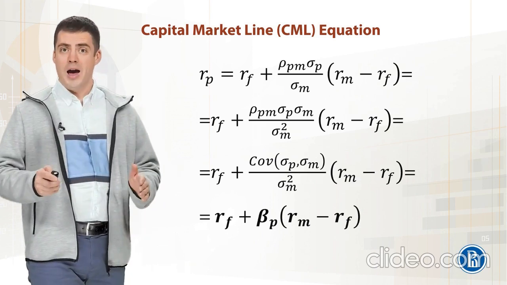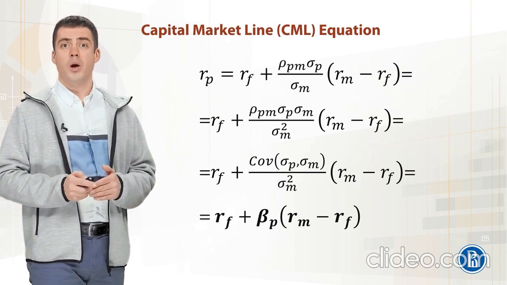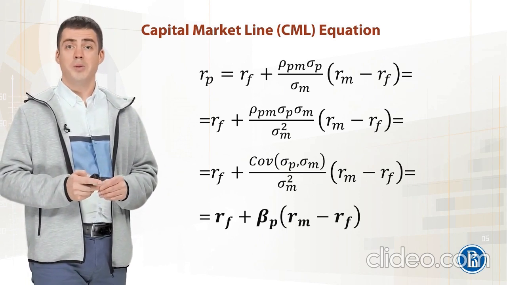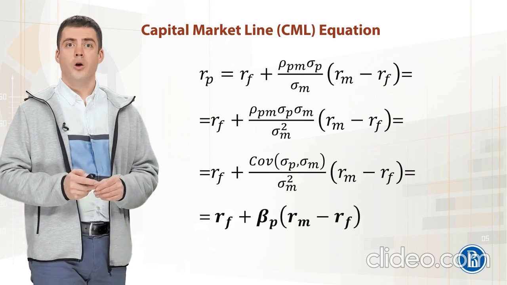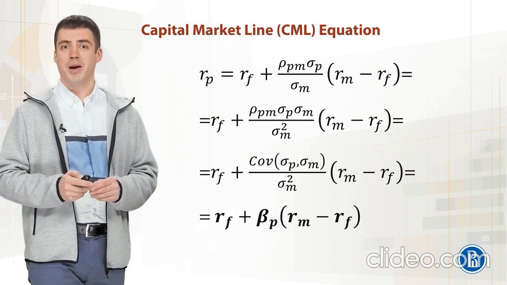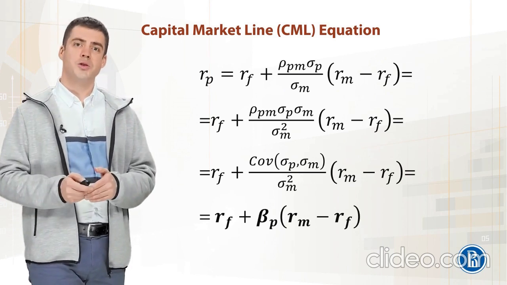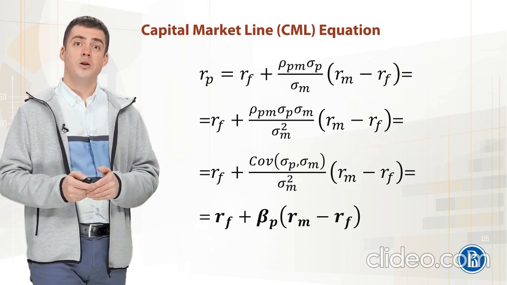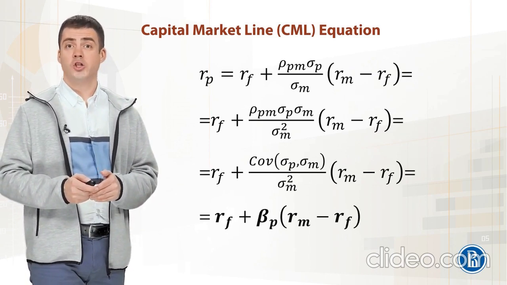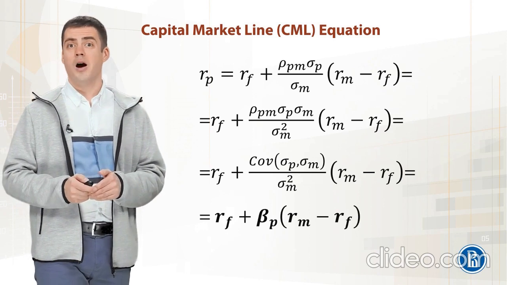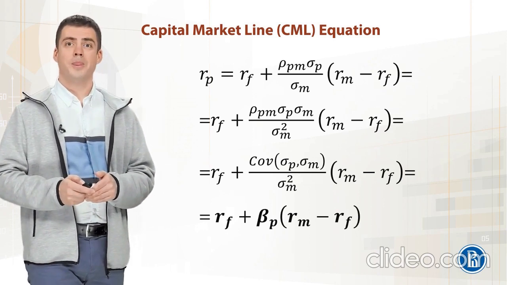Now we have worked out the basic equation for the capital asset pricing model, which may help us estimate the expected return of a given asset, knowing its relationship with the volatility of the market portfolio.